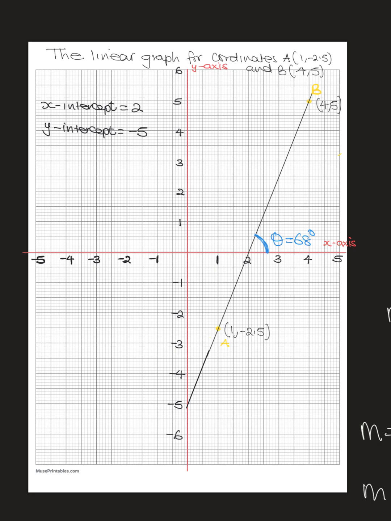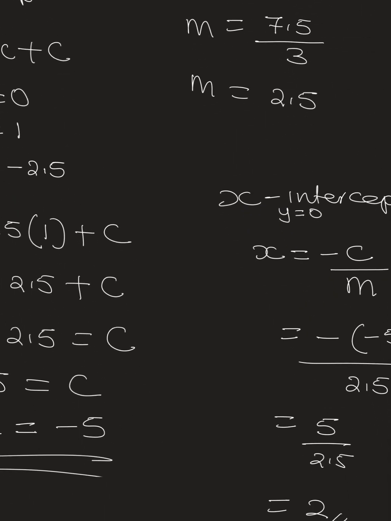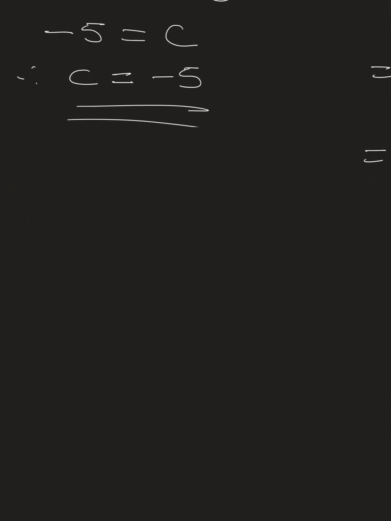So how do we calculate the acute angle mathematically? The acute angle, that is theta acute, is equal to the tan inverse of the gradient.